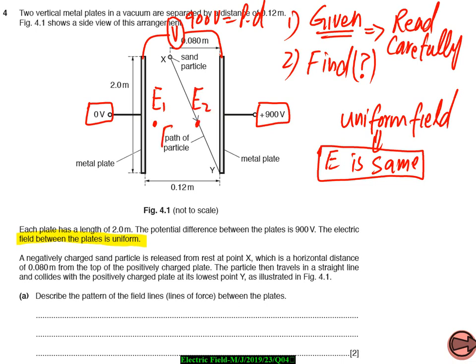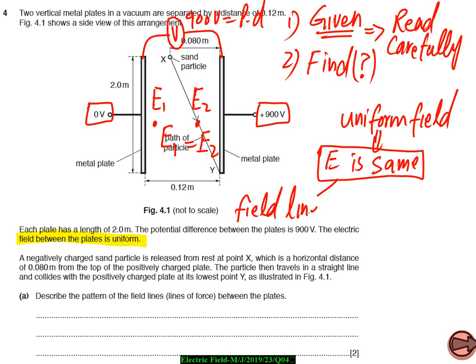Also we need to understand that if the field is uniform, the electric field lines have to be parallel. This is one thing.